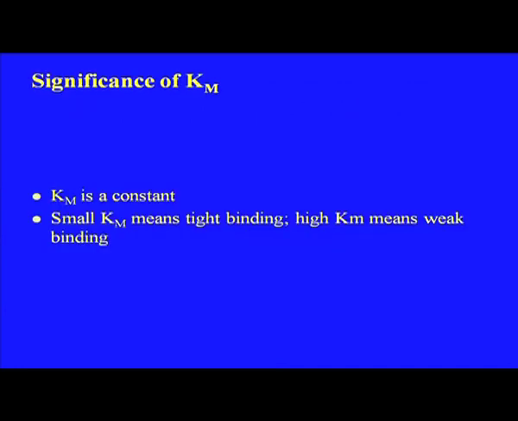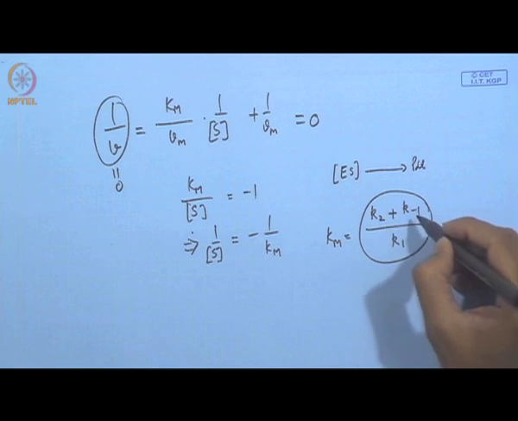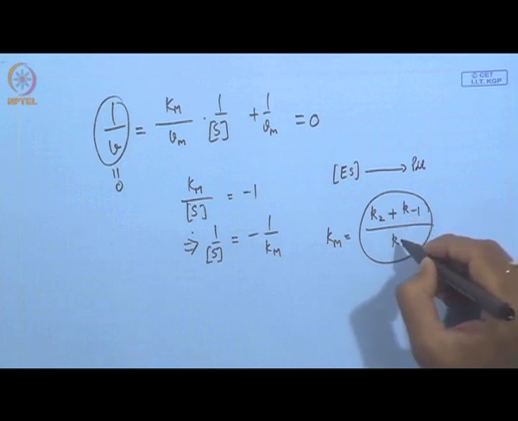So, let us go back to the next slide. What is the significance of small Km? There must be significance. Now, you just again recall this expression that Km is equal to K2 plus K minus 1 by K1. Okay.